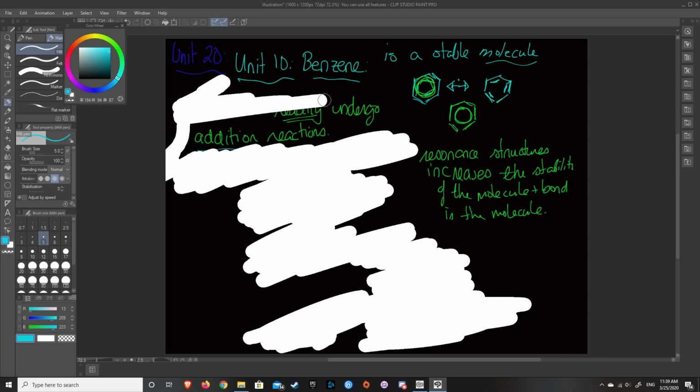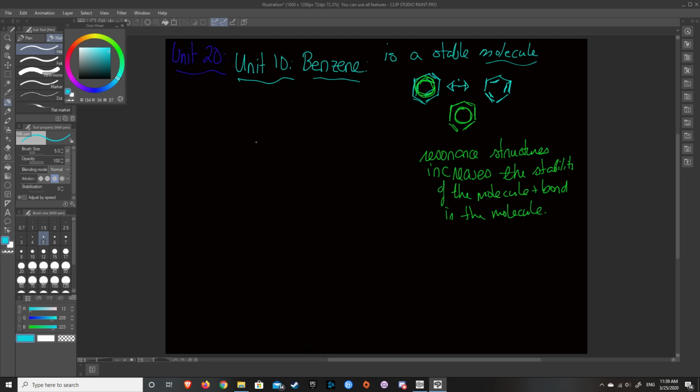I'd recommend basically memorizing this reaction, just because it's the only one. The reaction that I'm going to show you, let me just change the color, is the only addition reaction to benzene that your textbook even mentions.